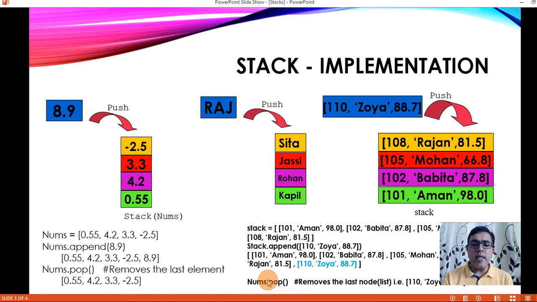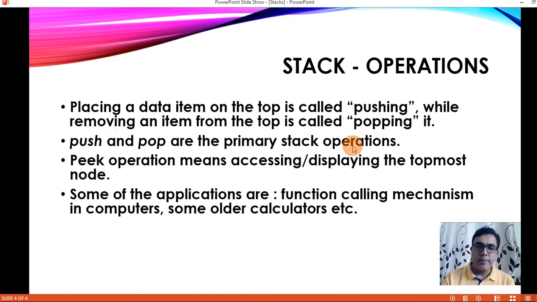Then if you delete an element, the topmost element will be deleted. After inserting this, the topmost node will be this. If you call the pop method, it will remove the topmost node from this stack. Okay, then what are the other stack operations?